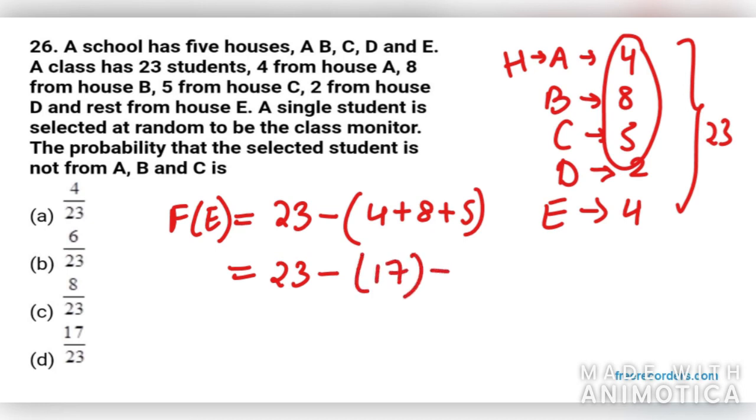So 23 take away 17 is 6. Now we need to find the probability. The probability will be 6 over the total, 23. So 6 over 23 is the right option, that is B.